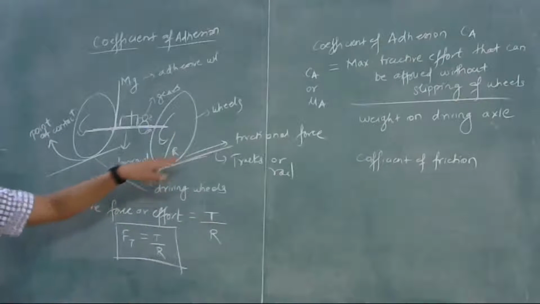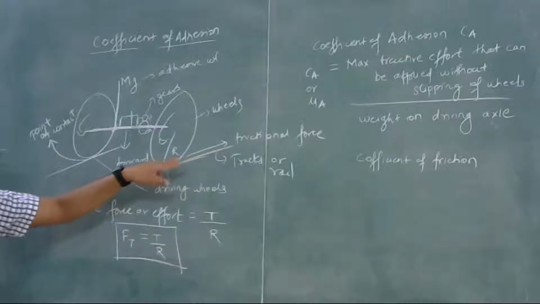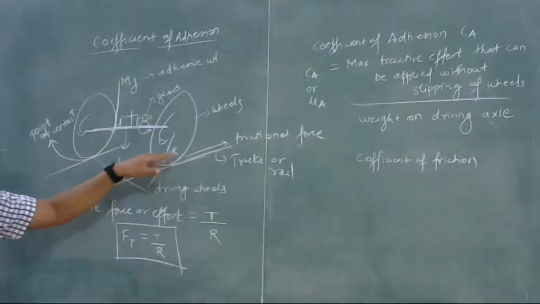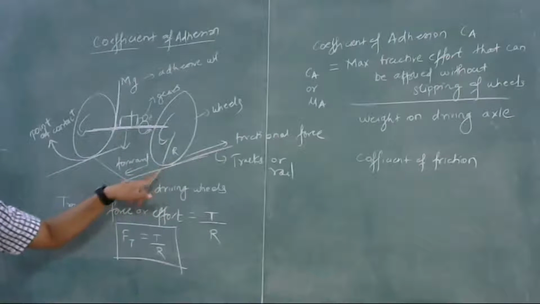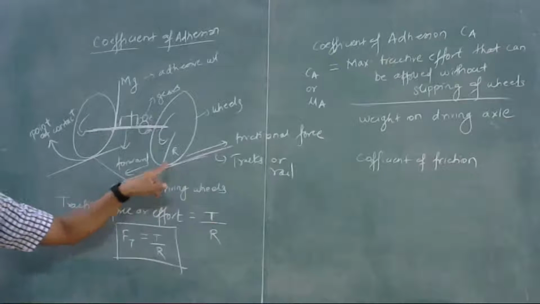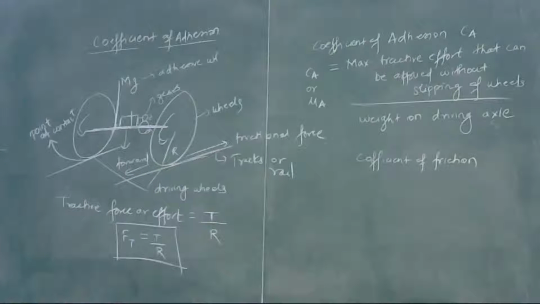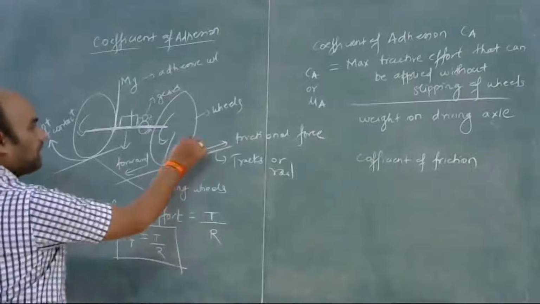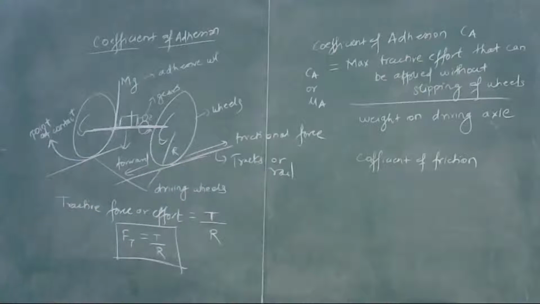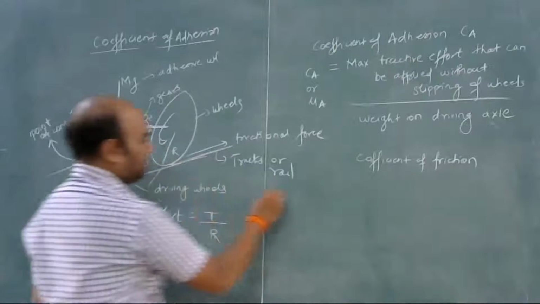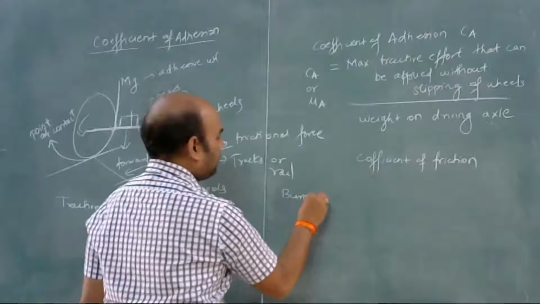If there is any slipping, it will cause damage to both the wheels and the track of the rail, and this is known as burning of the track. There will be friction, due to which there will be wear and tear of both the track and the wheels. At the point of contact, this will be burning of the track.